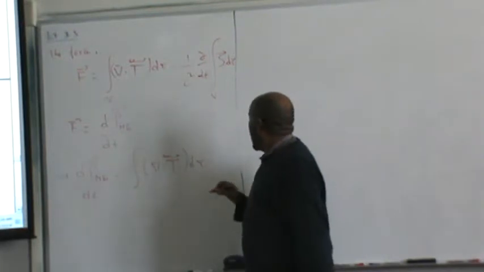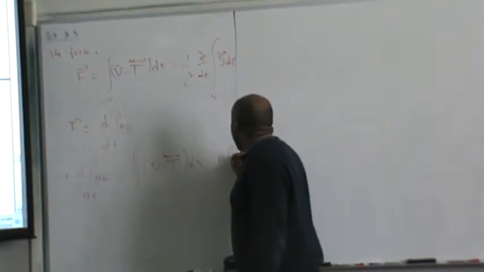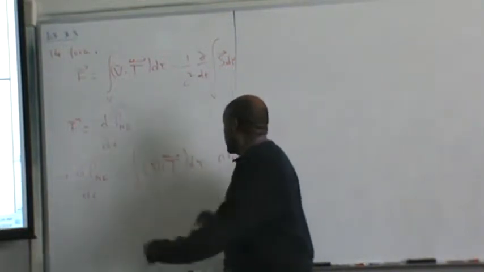So we say this is minus d p electromagnetic by dt.